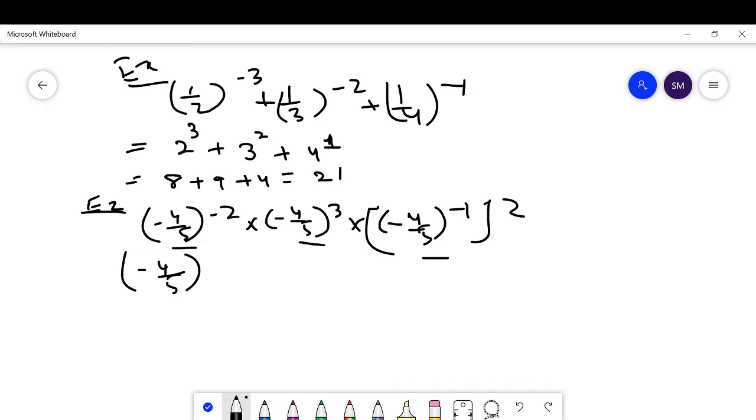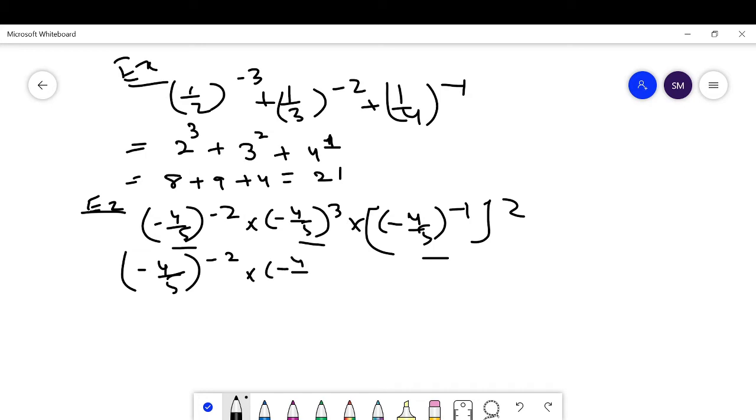We have to keep the base the same, otherwise how can we add or subtract the exponents? So when we solve exponents, always keep the base the same. Minus 4 upon 5 to the power minus 2, keep it as it is.